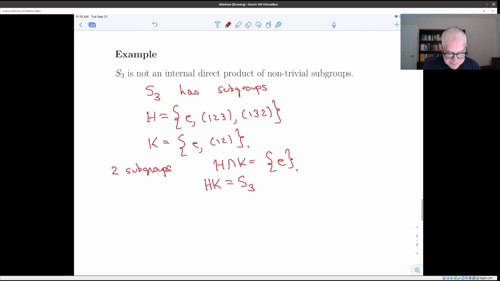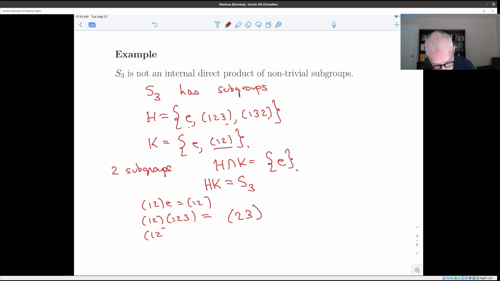And to see that, you just have to check what you get when you multiply elements of K times elements of H. Well, the only interesting one is when you multiply (1 2) times each of these 3 elements. (1 2) times e is (1 2). (1 2) times (1 2 3): 1 goes to 2 goes to 1, we leave 1 alone, 2 goes to 3, 3 goes to 1 goes to 2.